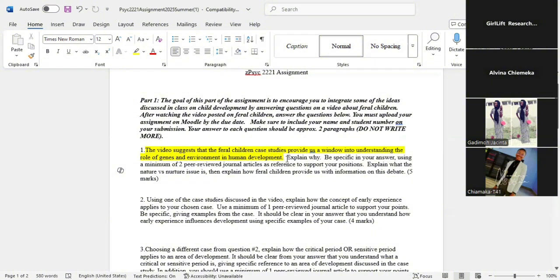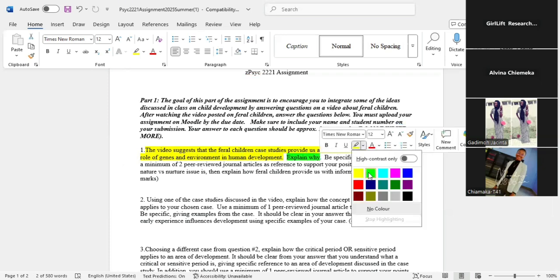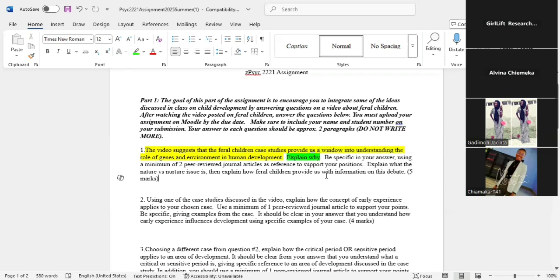And then after that is done, the next thing is to explain why. So I'm going to use another color, explain why. So after putting one sentence or two, but I think one because that's not the core, explaining why is one thing we need to do here. So we have to explain why feral children case studies provide a window, depending on what the video is about.